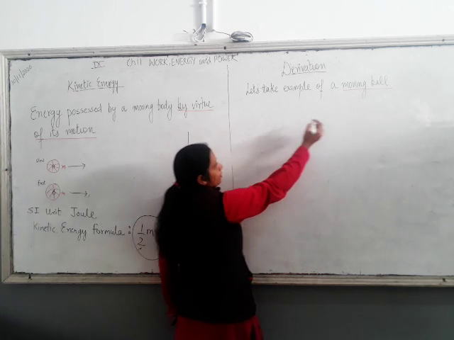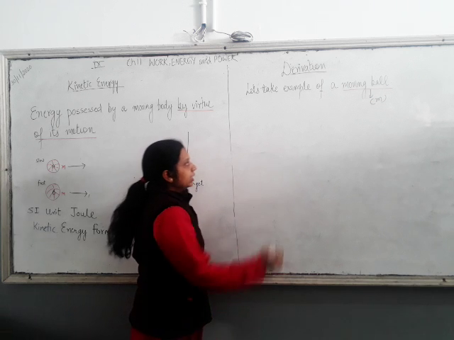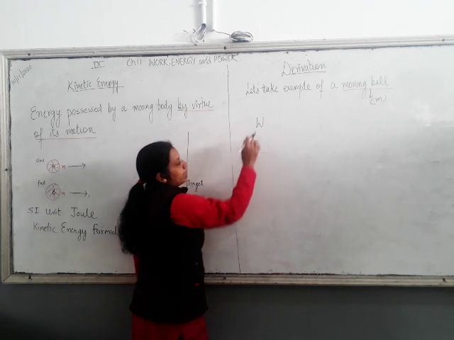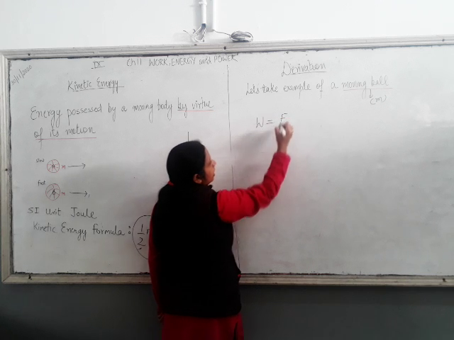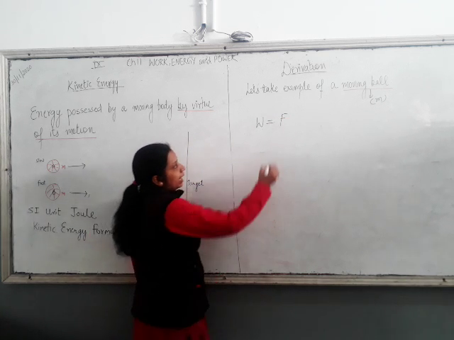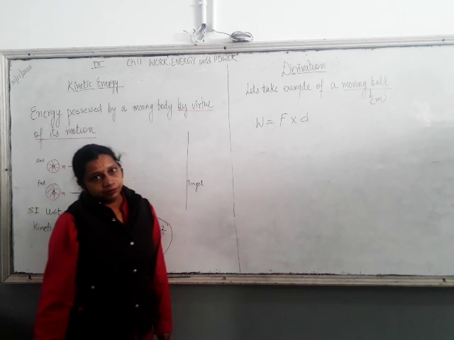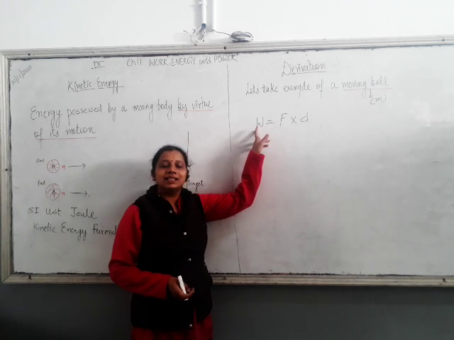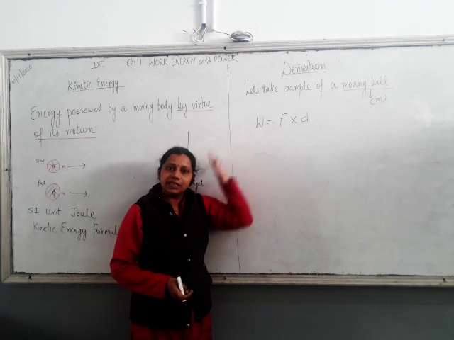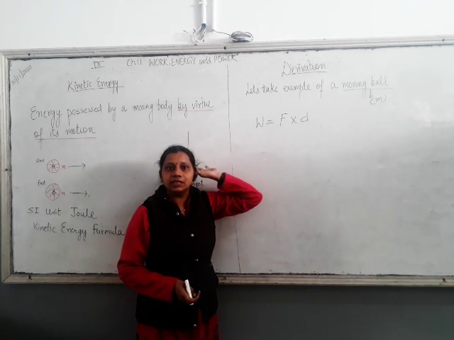Work done on this object, which I write as W, is the force applied on this ball times the displacement of this ball. Whatever work is done on this ball is the energy gained by this ball.